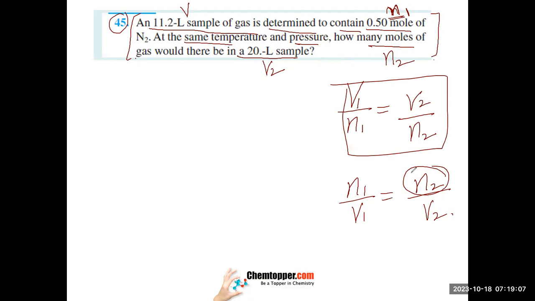Yes, Arjun. So just rearrange the equation. Isolate N2. We want N2 equals N1 times V2 over V1. How much is this?